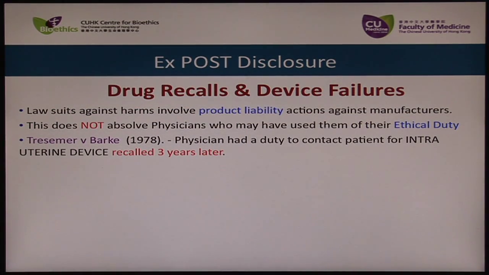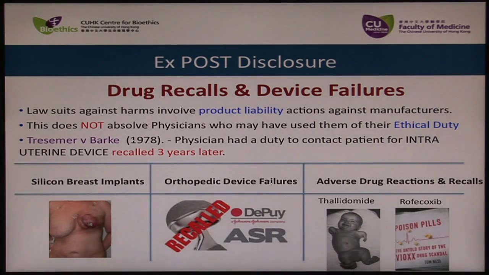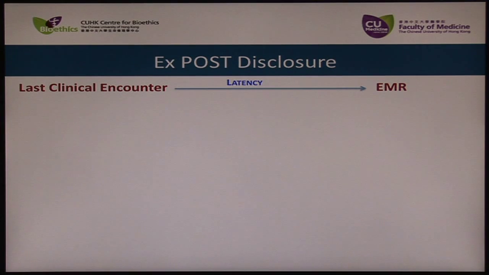There are plenty of examples of drug recalls and device failures: silicone breast implants, a huge number of orthopedic device failures, and the students are too young to remember thalidomide, but recently Vioxx, the COX-2 inhibitor. Another interesting concept is the latency of disclosure.